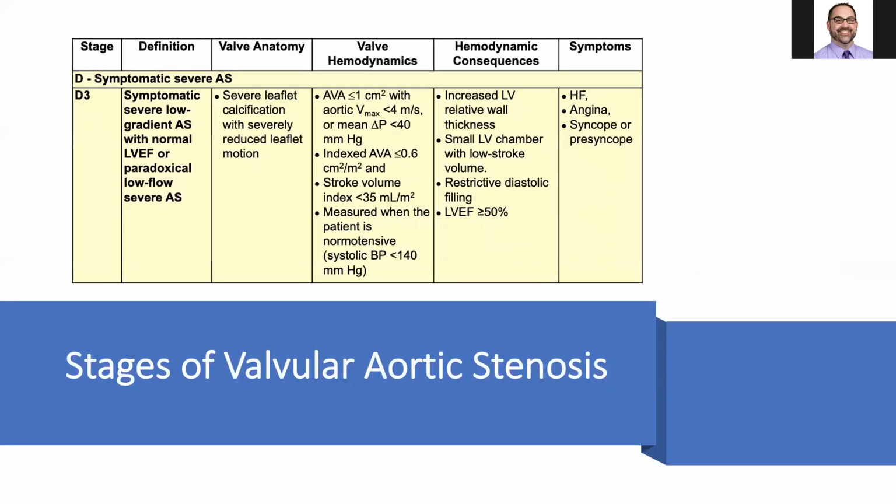And then it goes as high as D3, which is patients having heart failure from it, angina, syncope, along with the reduced stroke volume and restrictive diastolic filling. These are patients that you don't want to drop their preload because they have such poor flow forward that they can cardiac arrest if you drop their preload low enough.